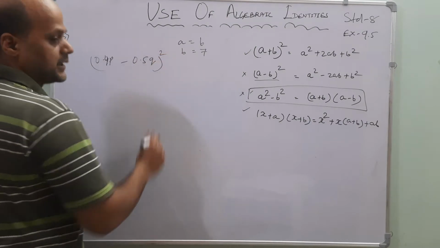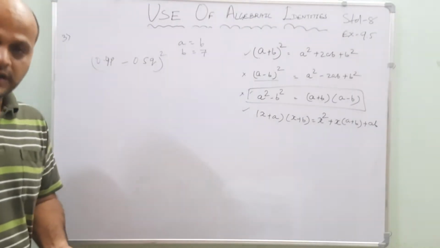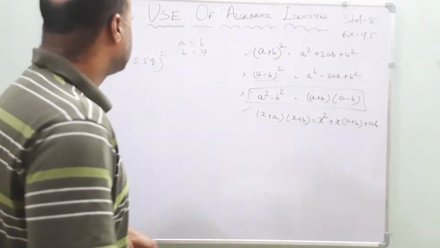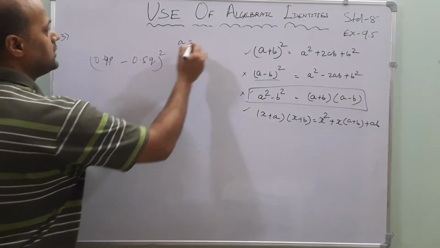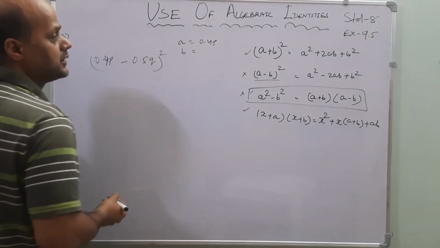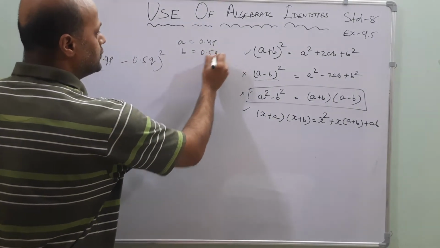Again, who will tell me which identity is used? Yes, very good, Shreyans. It is a minus b whole square. What is the value of a here? 0.4p. What is the value of b? Yes, very good, Akriti. It is 0.5q.